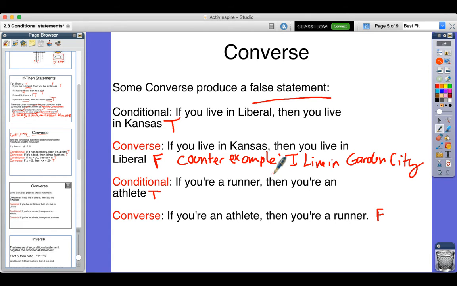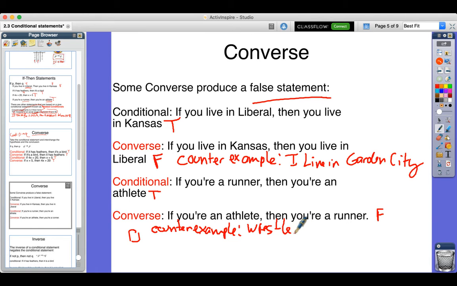If you're a runner, then you're an athlete. We can say that's true. But if you're an athlete, then you're a runner? Oh, that's false. Why? Because of a counterexample. My counterexample would be: I am a wrestler.